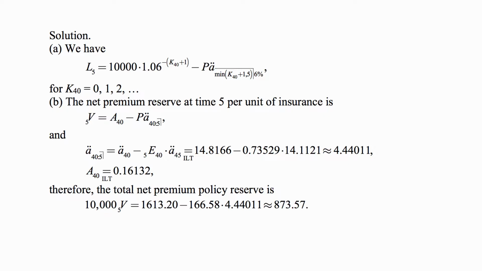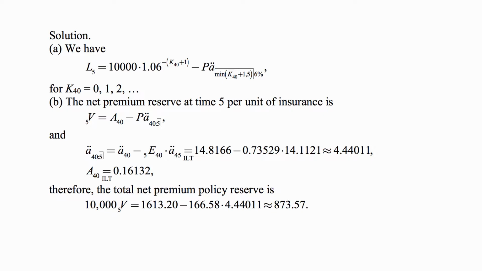So the little a double dot is a unit, but in this very formula, because we use A40, we would use P per unit of insurance, and eventually we'll use the actual net premium in the policy when we do it for this policy.